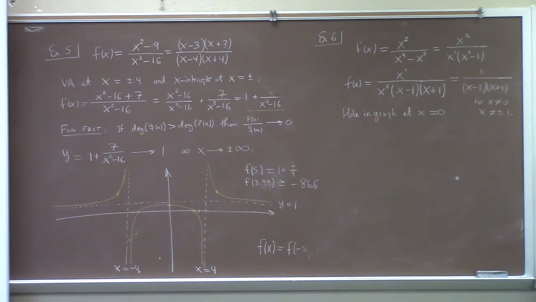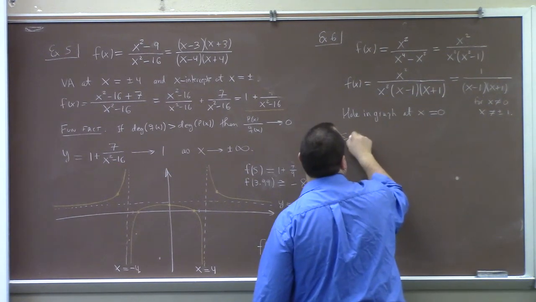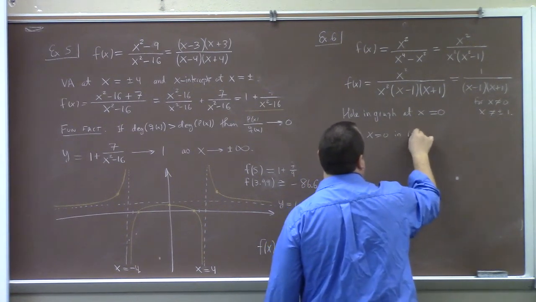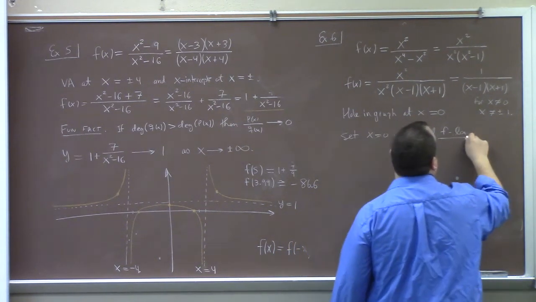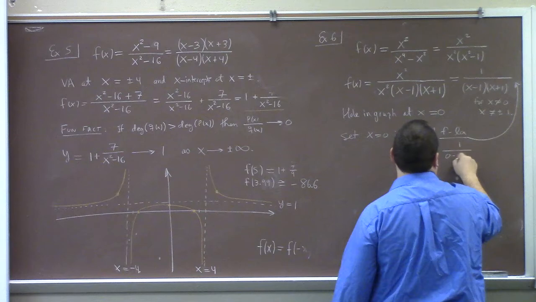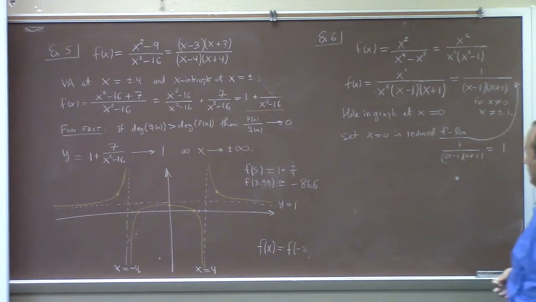So there's a hole in the graph at 0, but where is it? So set x equals 0 in the reduced formula. This is the reduced formula, and that gives me 1 over 0 minus 1 times 0 plus 1. So it's 1. The hole in the graph at 0 is at 1.